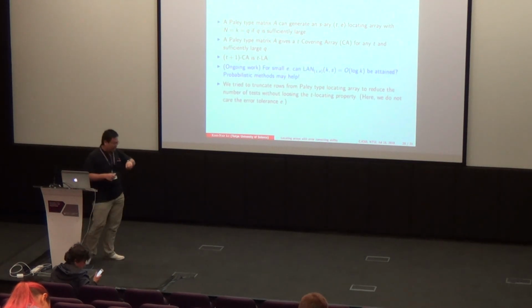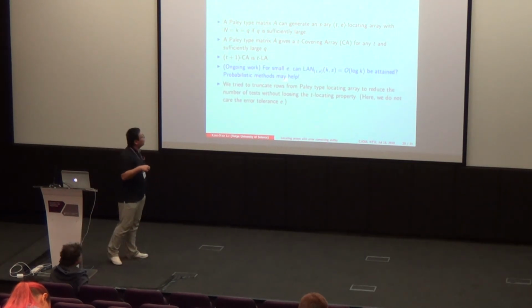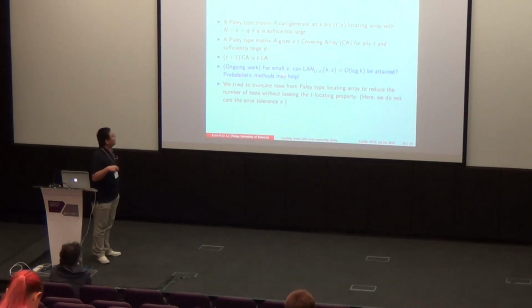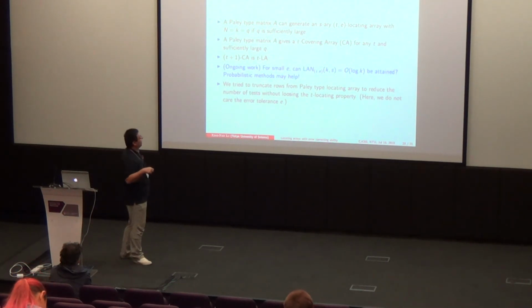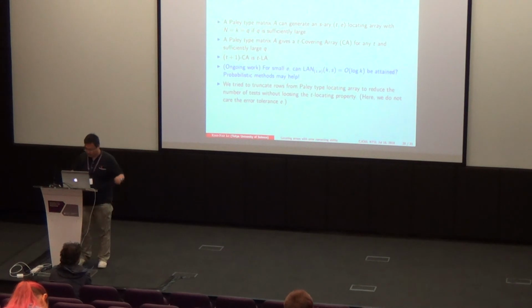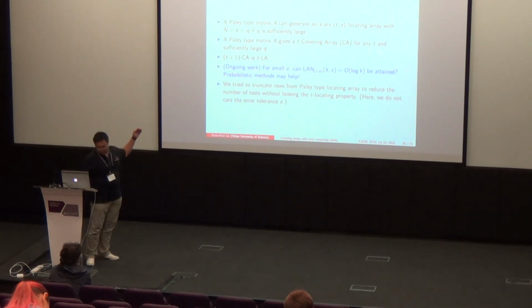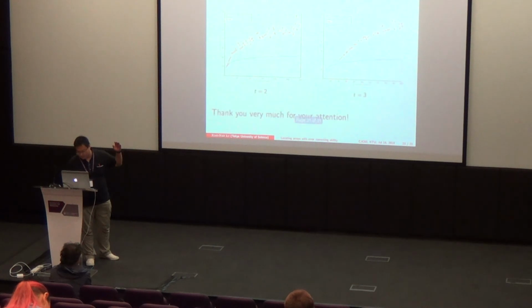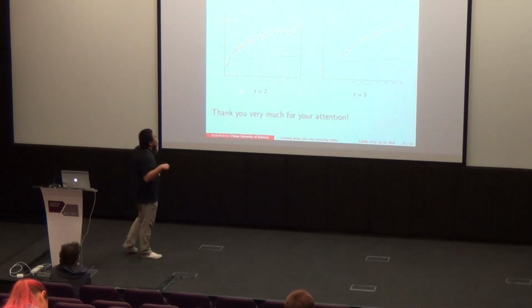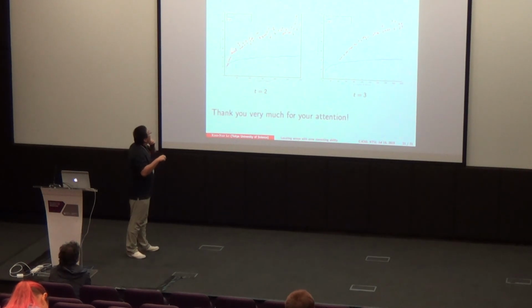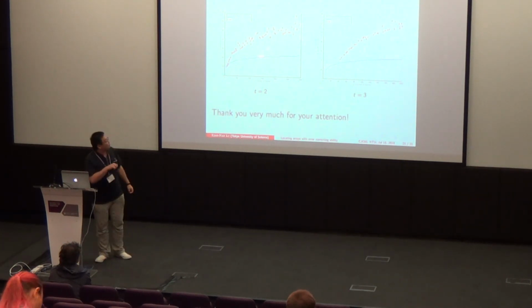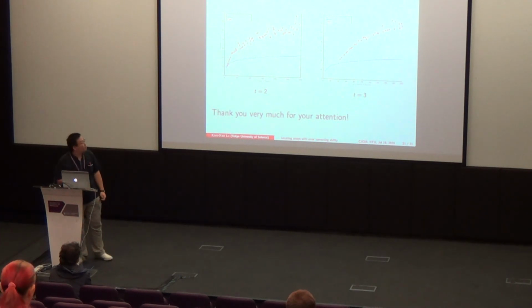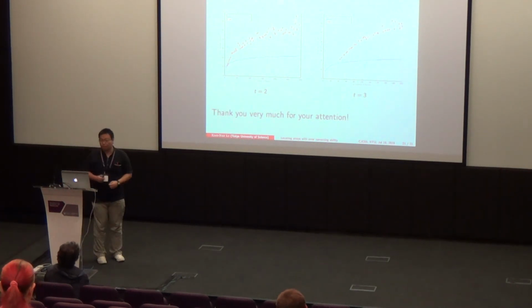The last thing I should say is that if we consider some other probabilistic methods, it will help us determine better bounds. Also for the Paley matrices, we can truncate rows from the matrices to get smaller matrices. Here is the number of factors, and the red ones are the truncated matrices with fewer rows. Here are some computer experiments, so the curve does not look so beautiful. Okay, I should stop here, and thank you for your attention.